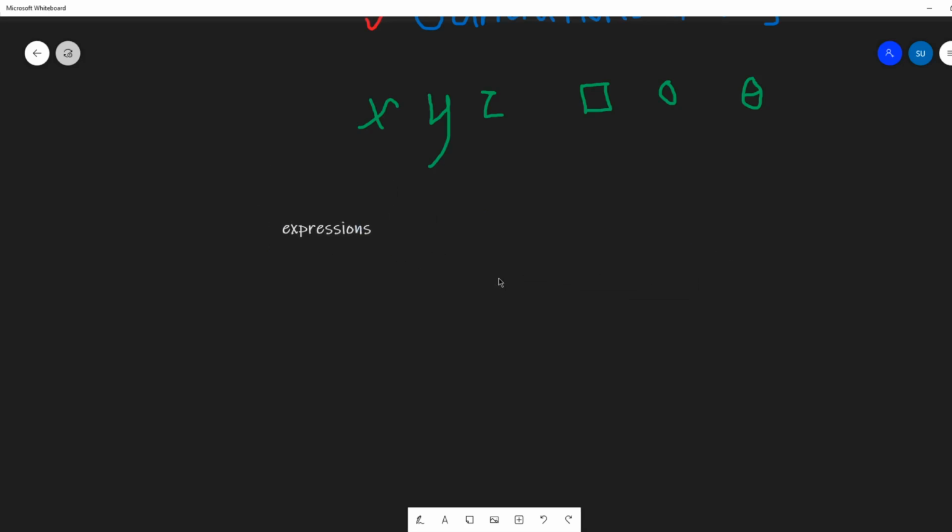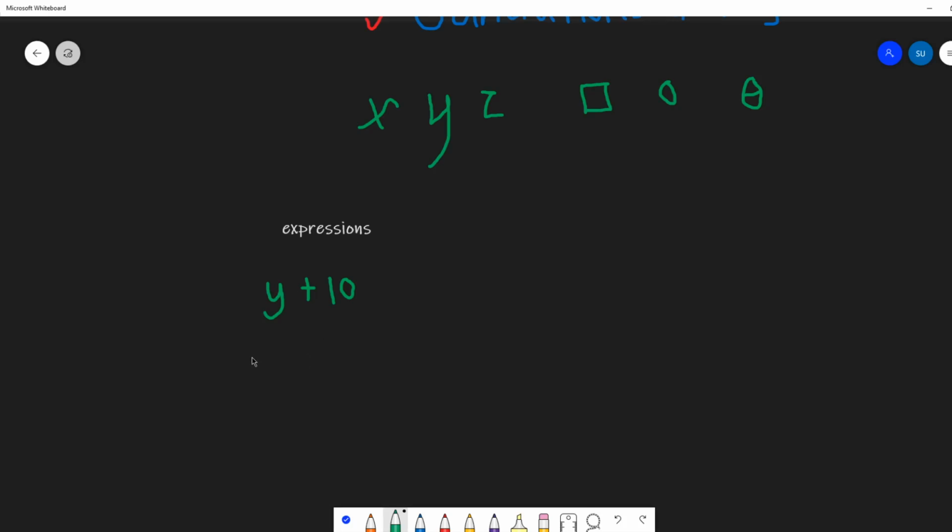Expressions are these letters and symbols and shapes being used to express a certain value. So for example, if we said y plus 10, so 10 more than the hidden value, that would be an expression that expresses your hidden value plus another 10.